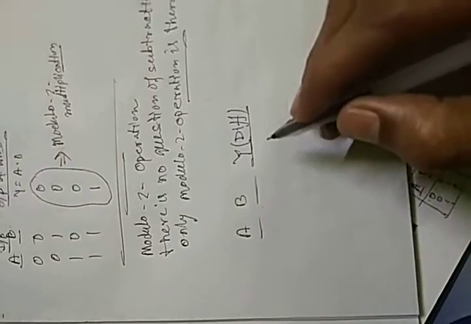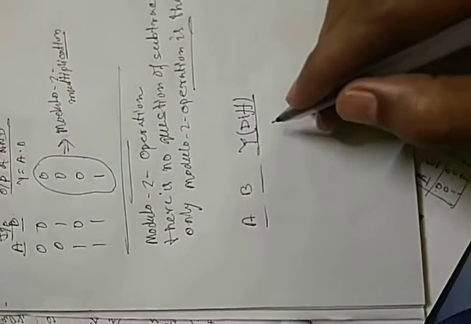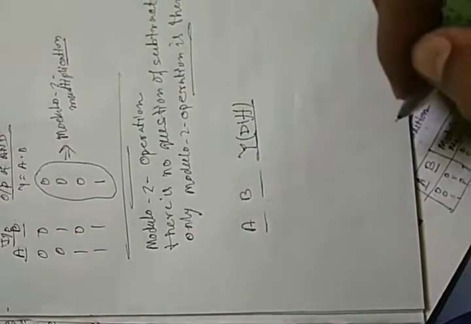Let us see the subtraction. Suppose A and B, and that is Y. That is only the difference. No question of borrow. Only we will take the difference, because you know in the 2-bit subtractor circuit, you have difference and borrow. We will calculate only the difference part, not the borrow part. This difference part is important for our calculation.